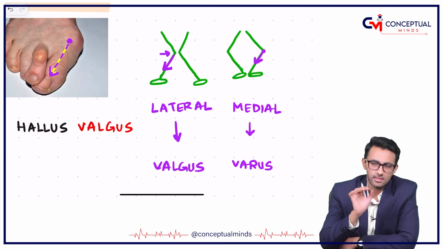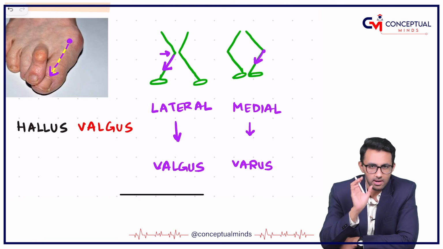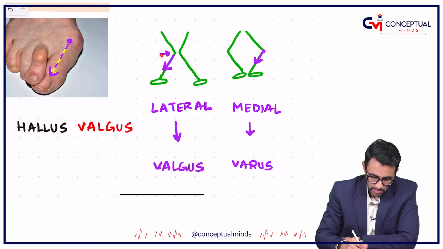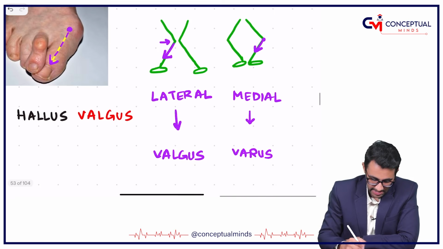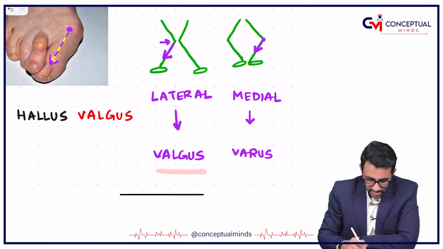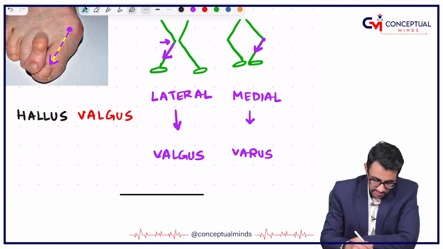The words are not important. The important thing is after the joint. This is the joint, this is the joint, this is the joint. Please be very careful about this. Okay, all right. So if it is lateral deviation, it is valgus. How I remember this is, you can also remember it like this. Okay, too big. Okay, lateral.